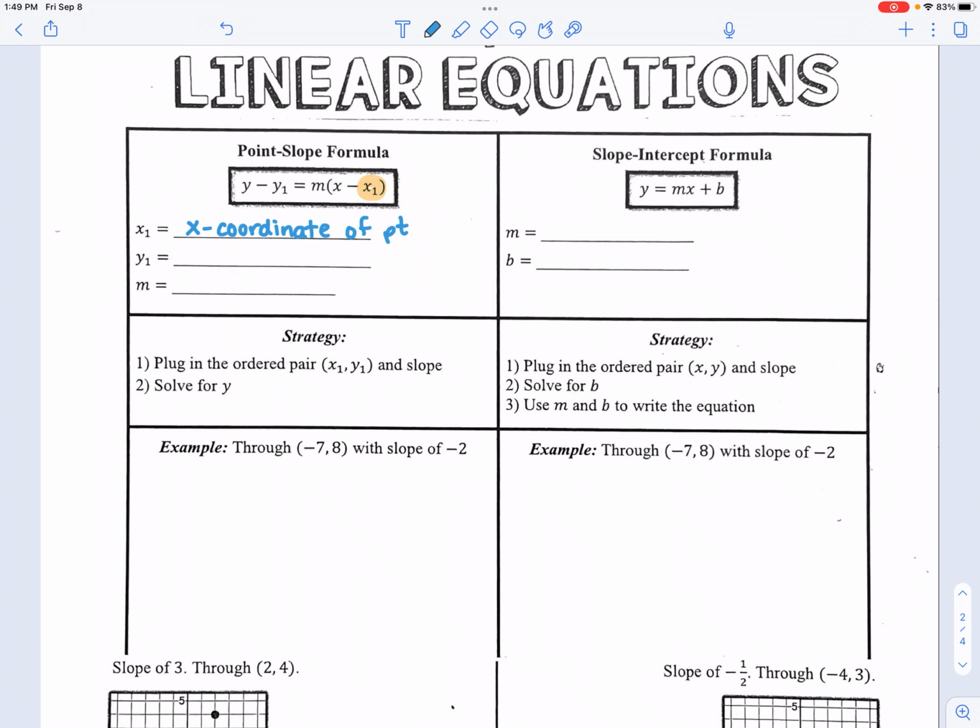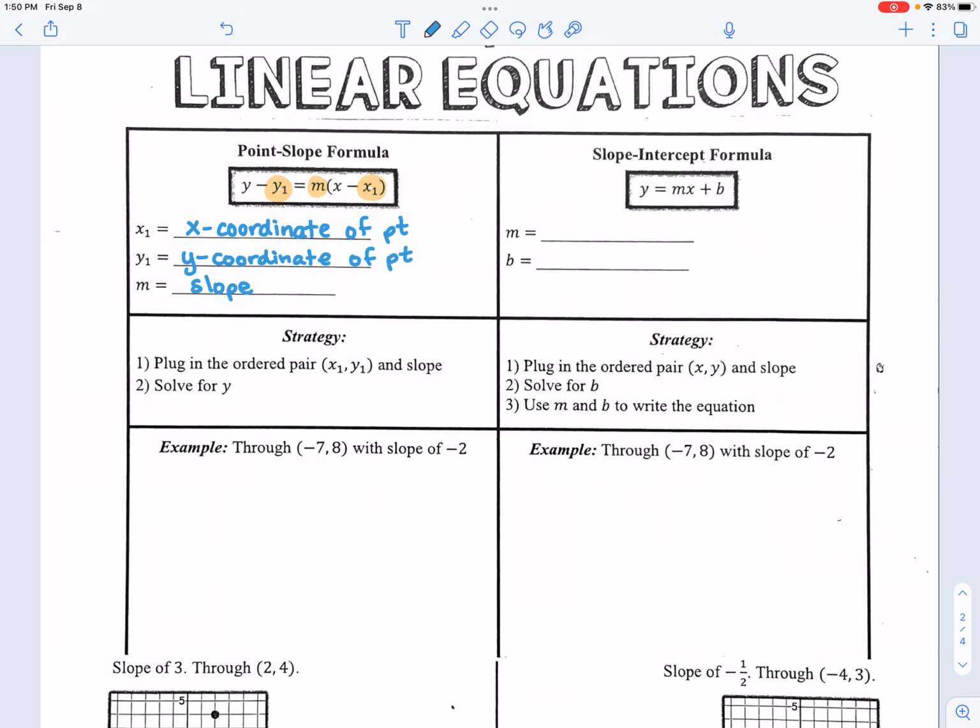As long as you pick one of those points, and you might have already labeled it x1 if you're trying to figure out the slope. The y1 is the y coordinate of the point. So that is where you put your y1. And lastly, we have our m, our slope. So in order to do our point slope formula, we need exactly what is said. We need a point and a slope.